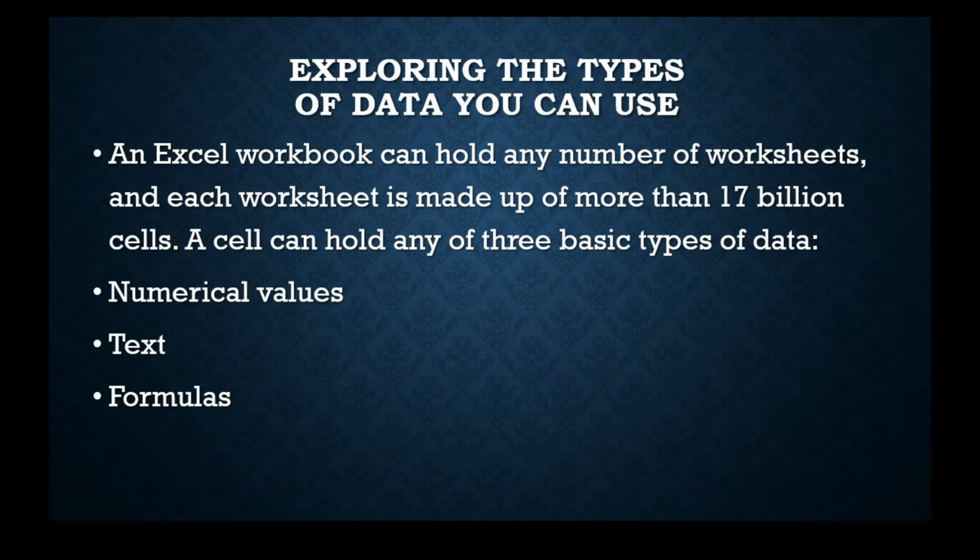We have numerical values, which are known as numbers. We have text, which is known as labels, and we have formulas. The fourth one is charts, but a chart is placed on the cell layer. It's placed on the cell, but it's not contained in the cell. So basically that is just that.